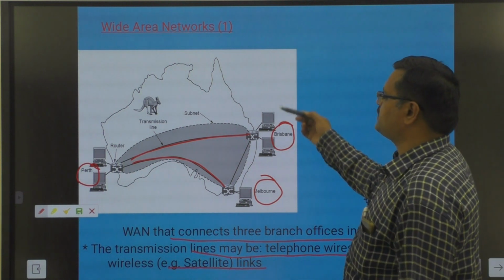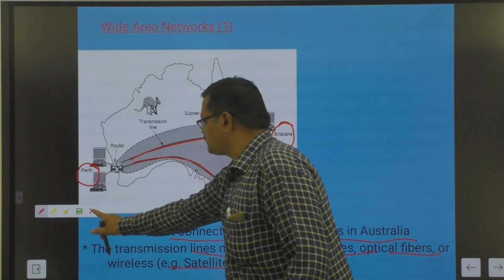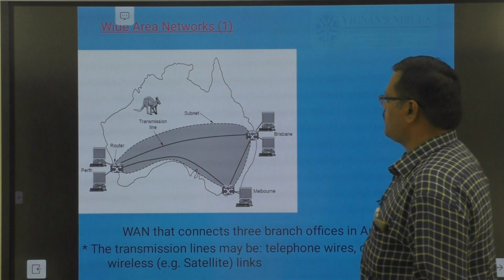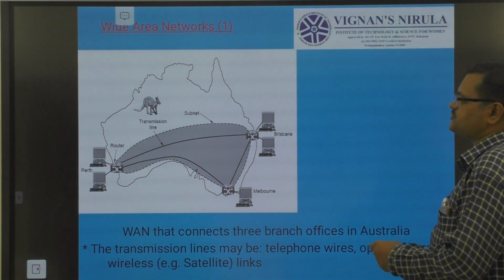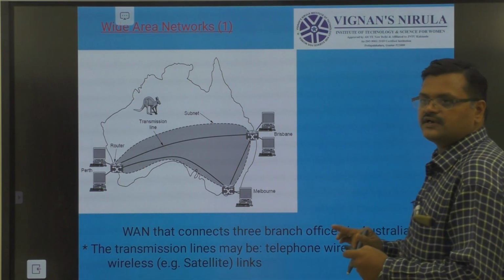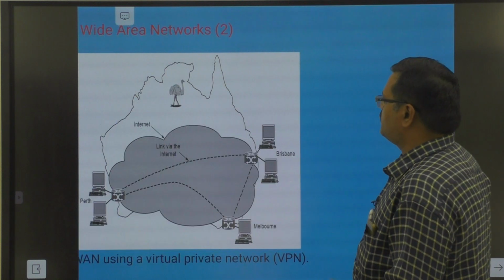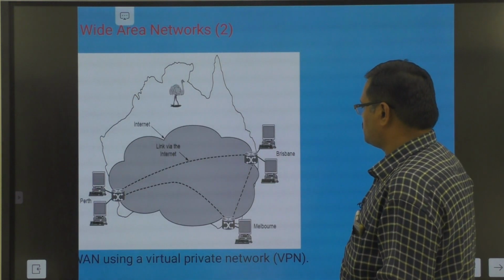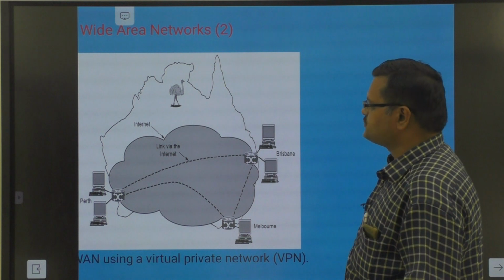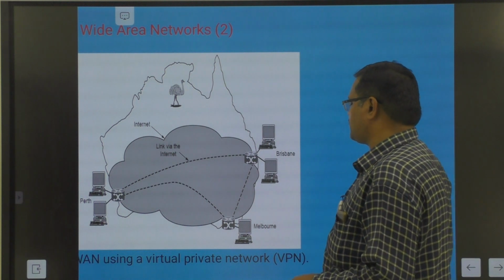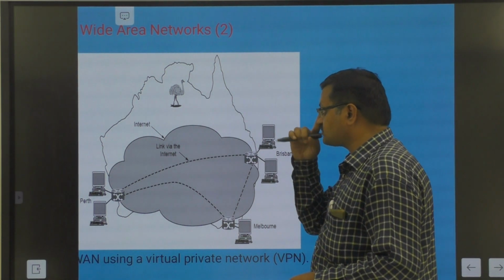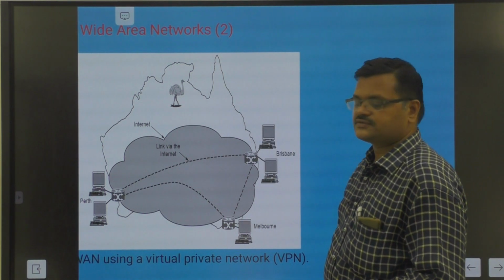So this is supported by wide area networks. The branches are globally distributed. Okay. This is another example of a WAN using a virtual private network. So using virtual private networks also we can build WANs.